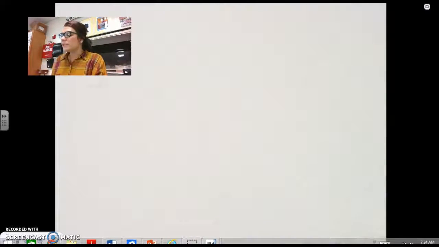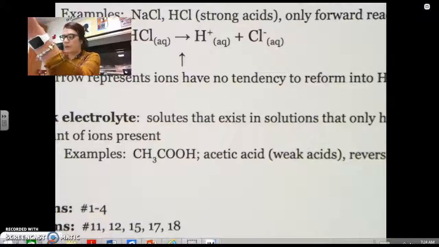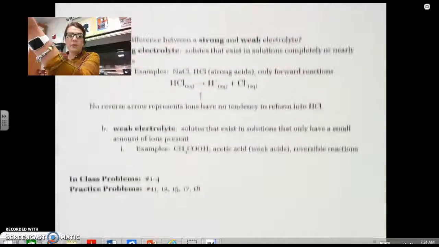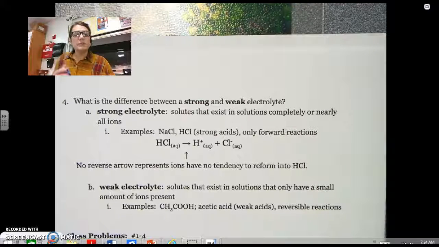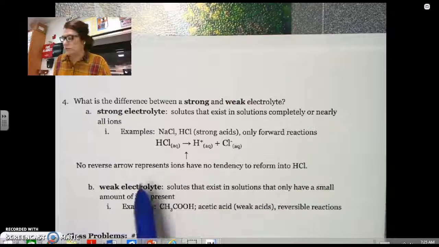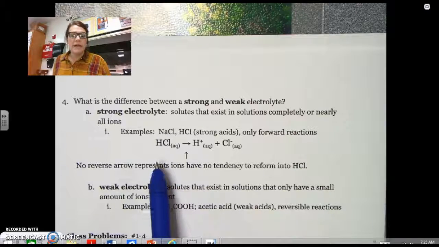So what is the difference between a strong and a weak electrolyte? This is the last thing that we need to talk about. With a strong electrolyte, the solute that exists in solution is completely all ions. Examples of these would be sodium chloride and hydrochloric acid.